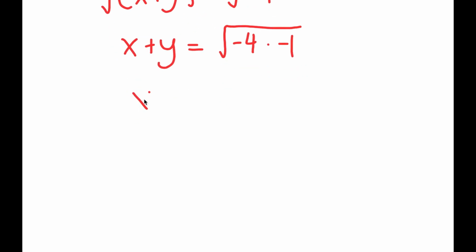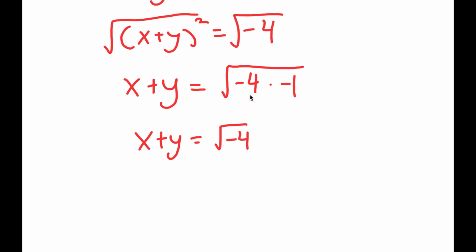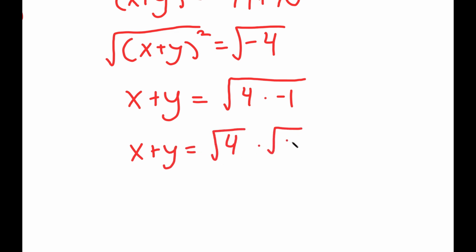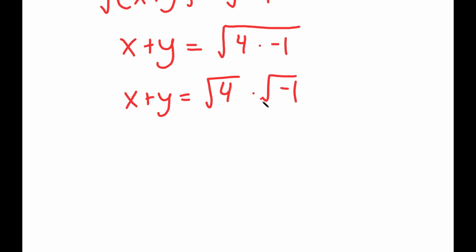And now, sorry, this should be the square root of 4 times negative 1. And now this turns into the square root of 4 times the square root of negative 1. And if you guys already know, the square root of negative 1 is equal to i.